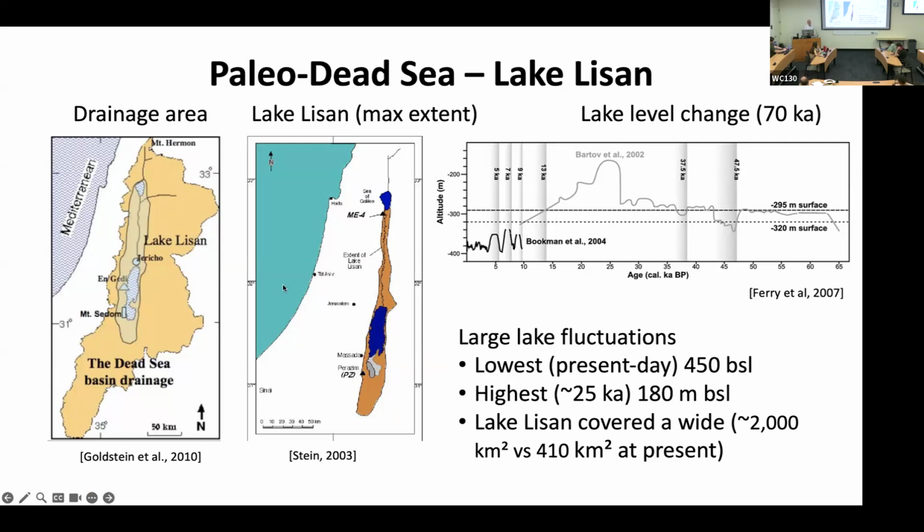And during the Lisan era, the lake covered a much wider area. The Lisan covered an area of about 200,000 square kilometers versus nowadays, which is about 400. So it was 5 times wider and deeper.